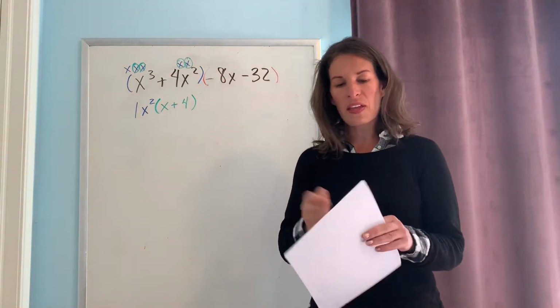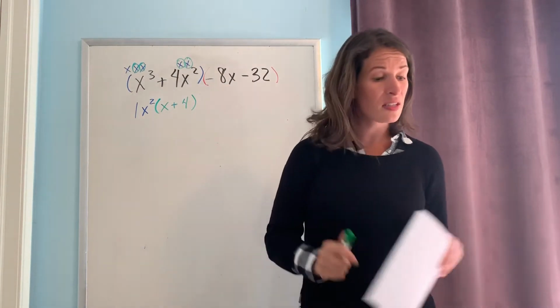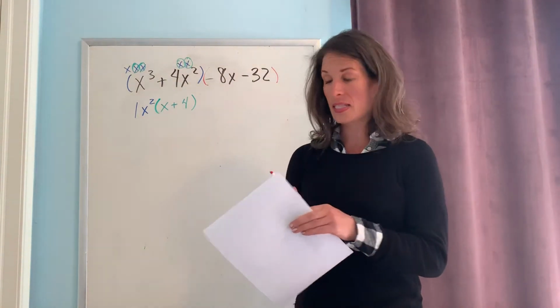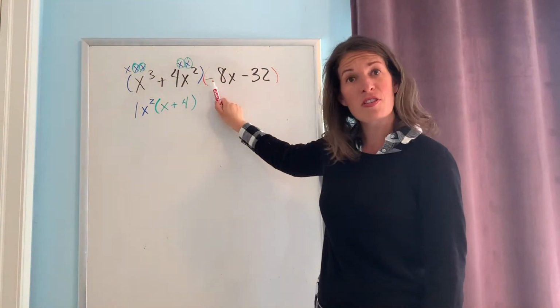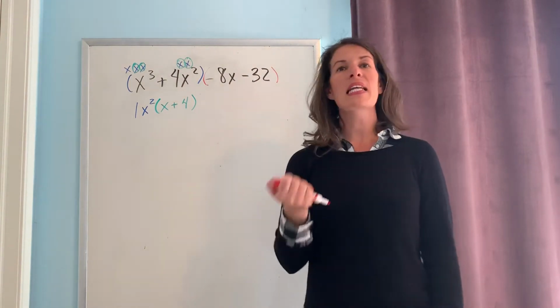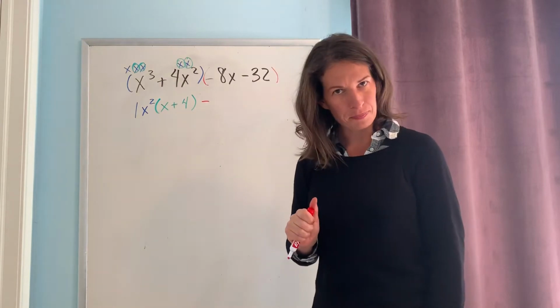The fourth thing that it says for us to do is to greatest common factor our next 2 terms. Now, notice that I have this subtraction sign inside of the parentheses, which means that it has to be a negative number that I'm taking out.